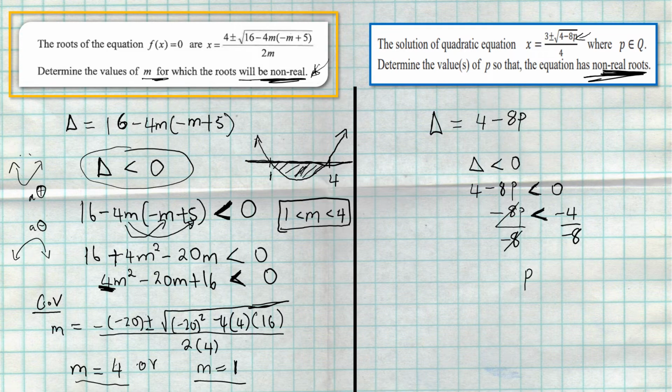So if it was facing there, then it will face there because we are dividing by a negative. Minus 4 over minus 8 is 1 over 2. So that will be the answer. When p is greater than 1 over 2, then our roots are going to be non-real.